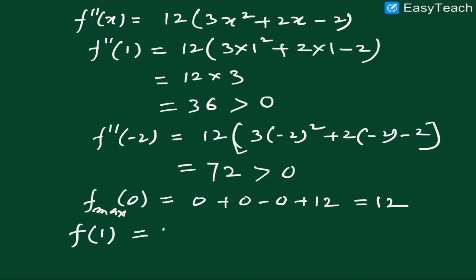So if we put x is equal to 1, we get f(1) is equal to 7, and f(minus 2) is equal to minus 20. Therefore 7 and minus 20 are the local minimum values of the function respectively.